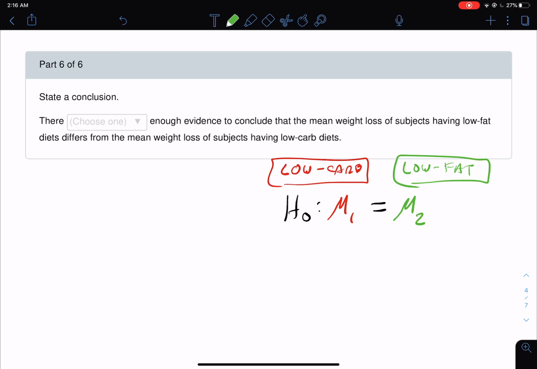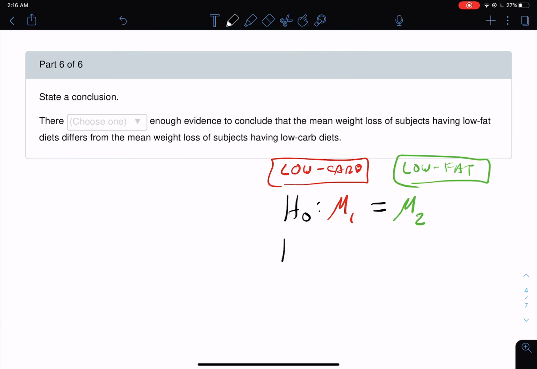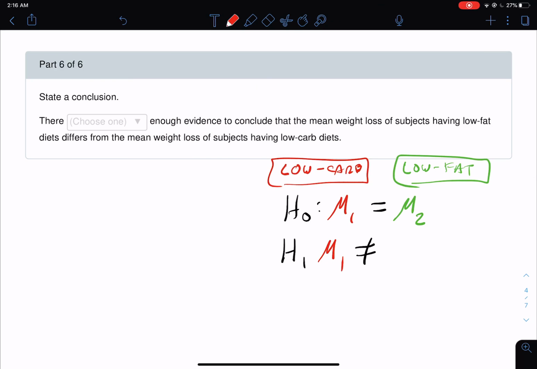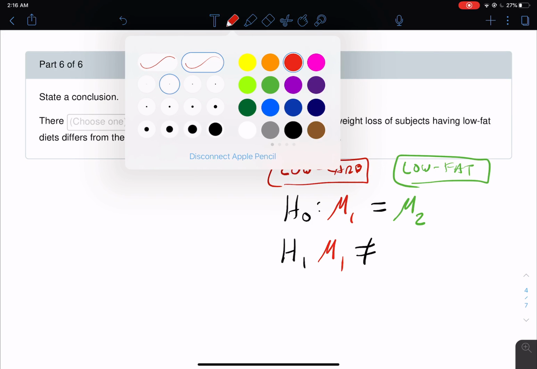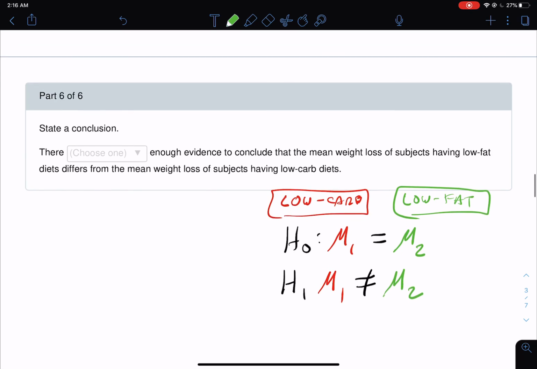Now we have something we're trying to make a conclusion on, and that is the alternate hypothesis, which says that they're not equal. We're saying the population mean from our first group is not equal to the population mean of our second group.